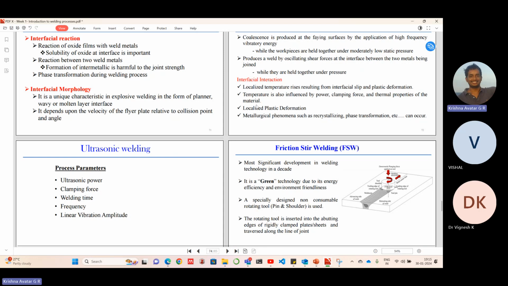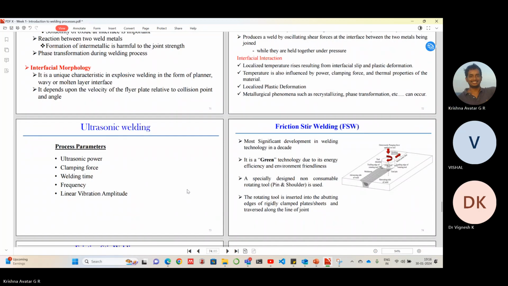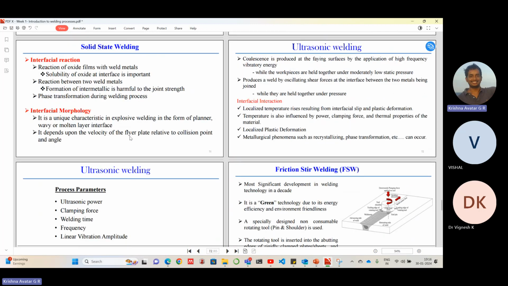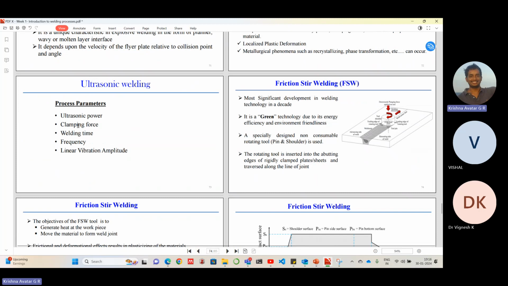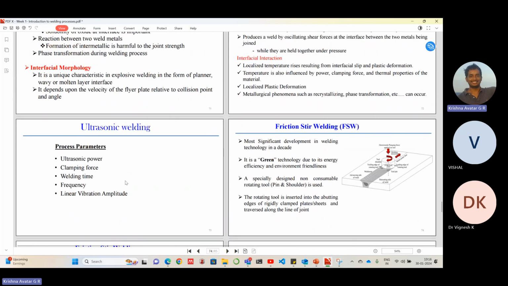Certain other features can also take place at the interface, which are recrystallization and phase transformation, etc. Some of the process parameters in ultrasonic welding are ultrasonic power, how much power we are expending to weld the system, the clamping force, how long we are welding, and the frequency of the oscillation provided to the system.